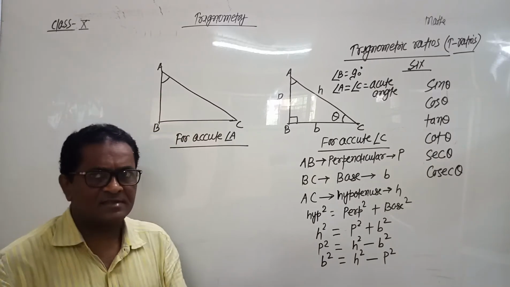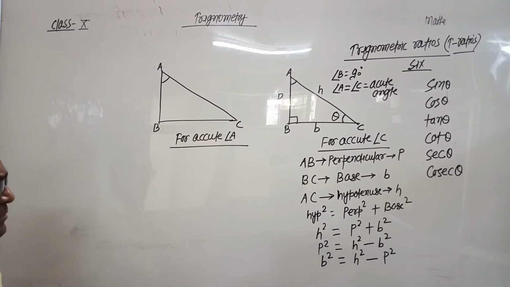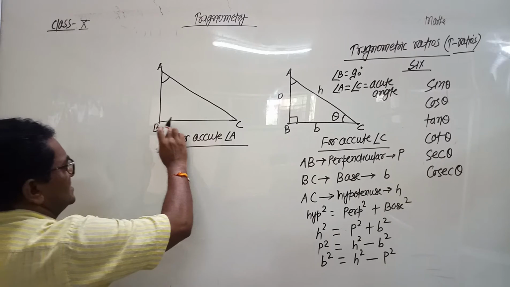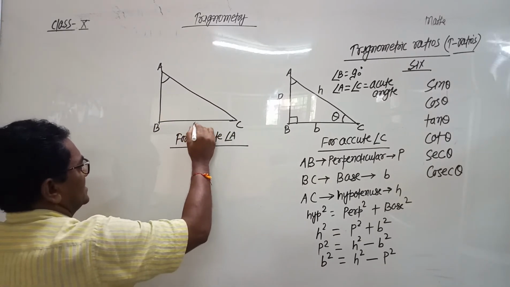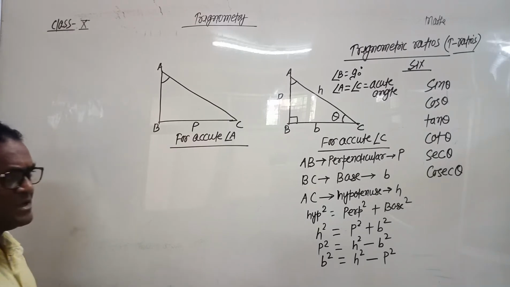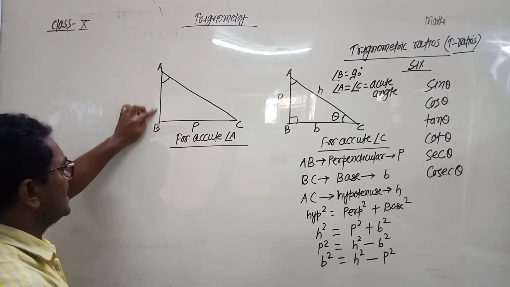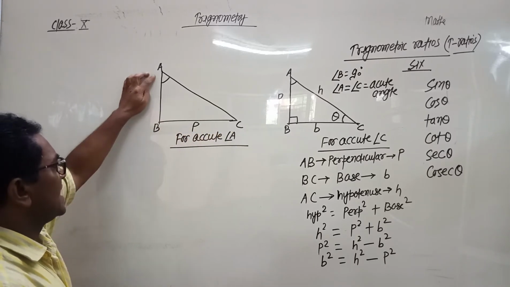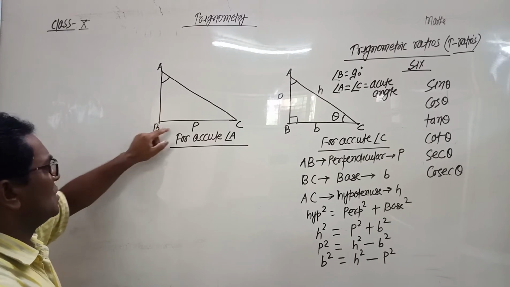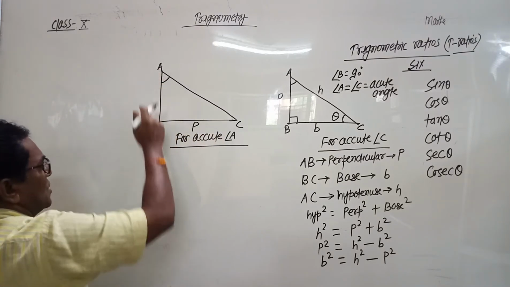We know that the side just in front of the acute angle is called perpendicular. So BC is the side in front of angle A. So in this case, BC will become the perpendicular, and side AB is the base on which BC rests, or we can say that BC is based on AB.